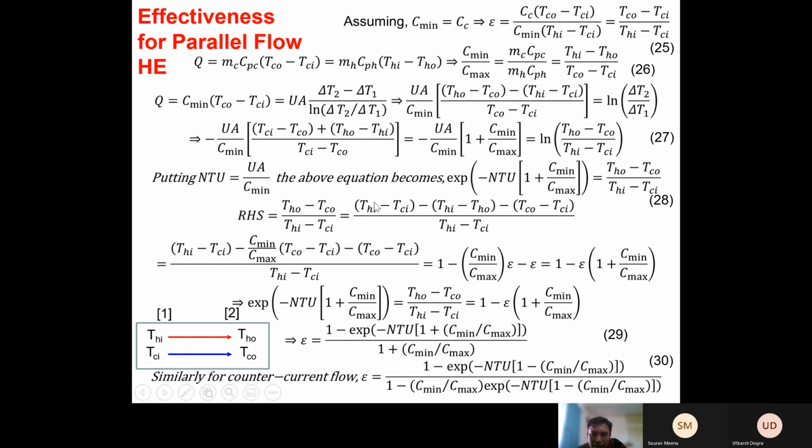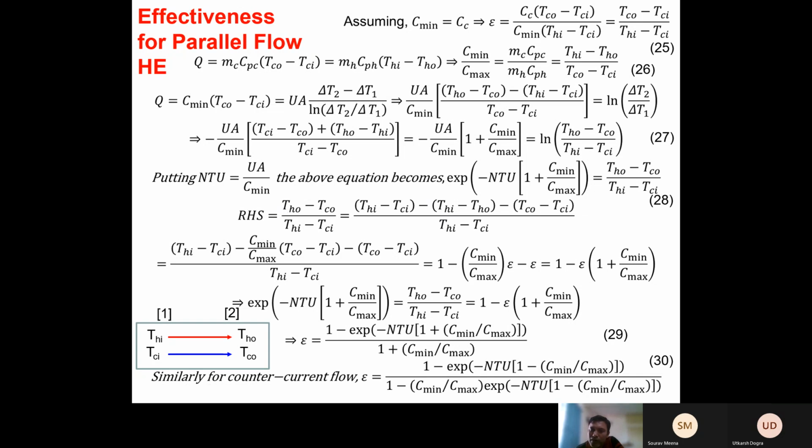Remember, this first THI will get cancelled out with this THI. This TCI will get cancelled out with this TCI, and finally what we get is THO, and this minus minus becomes plus, THO minus TCO. So if I write this numerator like this, it doesn't matter, because ultimately the summation is the same as what we had earlier. Is it clear to everyone?